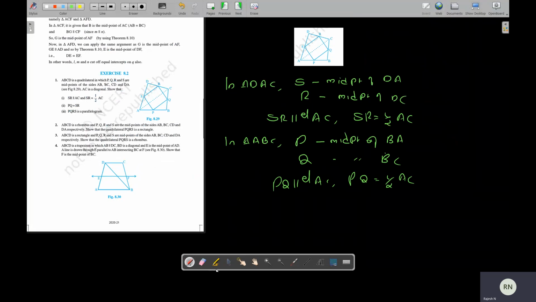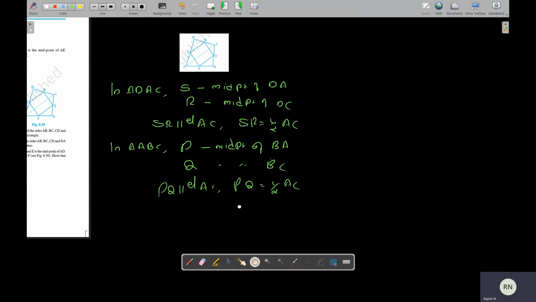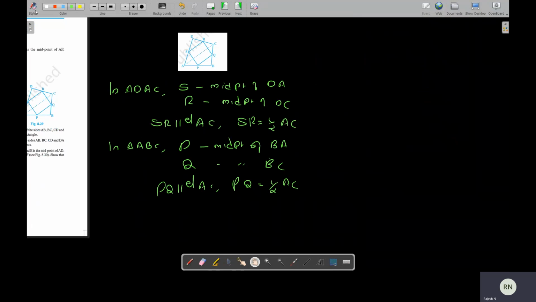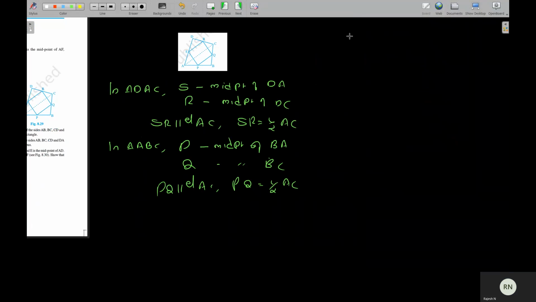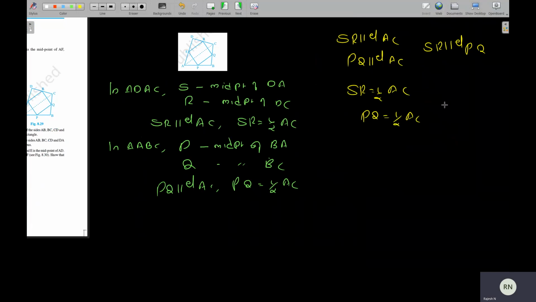So we have PQ parallel to AC and SR parallel to AC. Therefore, SR is parallel to PQ. Similarly, SR is equal to half AC and PQ is equal to half AC. Therefore, SR is equal to PQ.